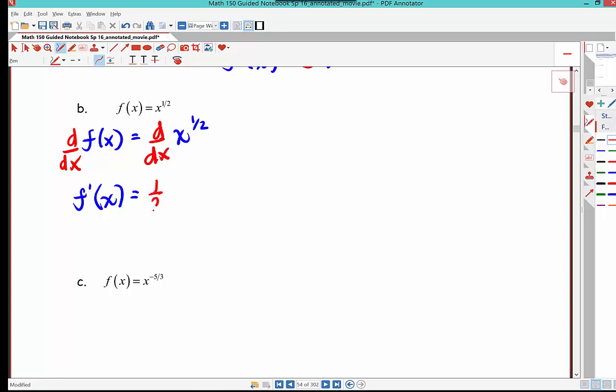Great, we'll get 1/2 times our something to the, so our something is x to the 1/2, and then minus 1. So now f prime of x is equal to, good, 1/2 times x to the negative 1/2.